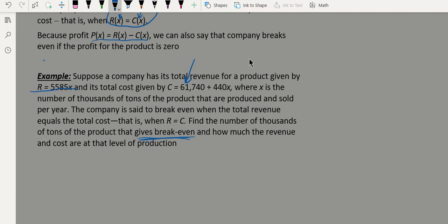So this will give us 5585x equals 61,740 plus 440x. Now we want to find our x value, because that's what we want to know, the tons of product. So we would subtract the 440x from both sides.